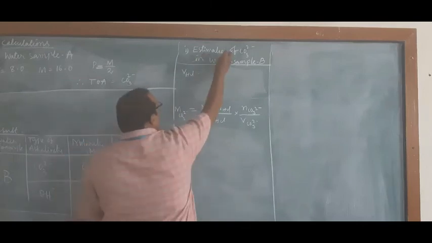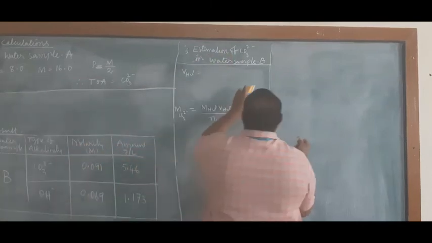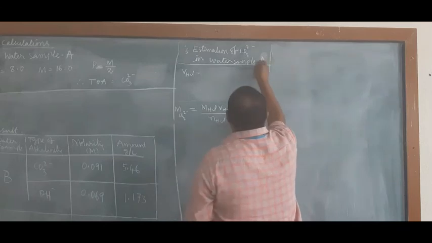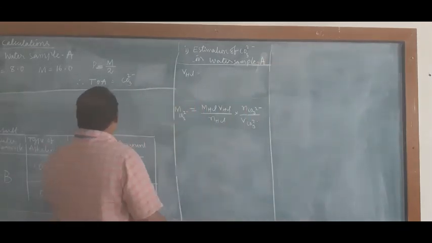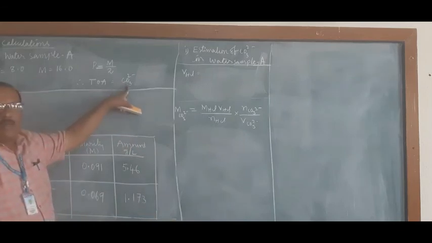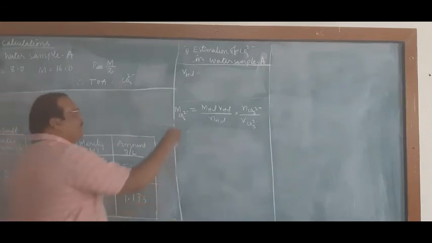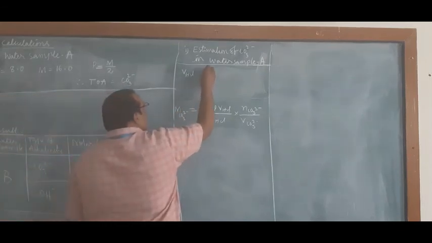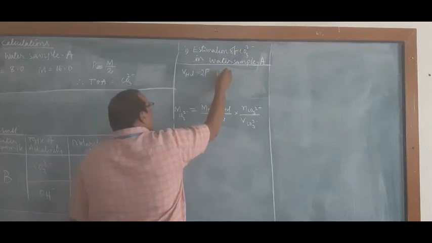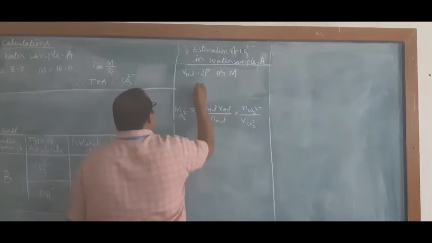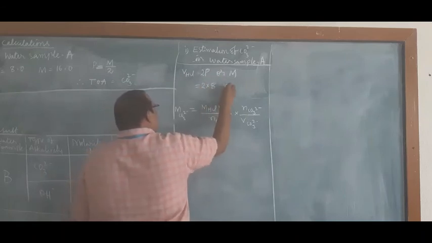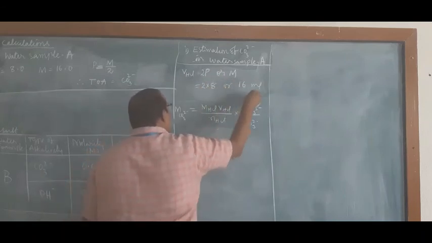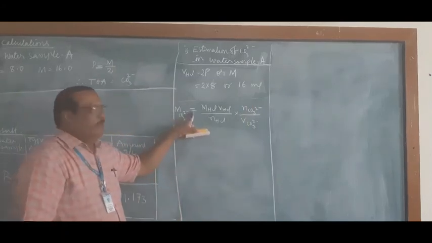Here, estimation of carbonate in water sample A. In water sample A, for carbonate, the volume of HCl to be used is either 2P or M. 2P means 2 into 8, or 16 ml. Both are the same, and use the same principle.